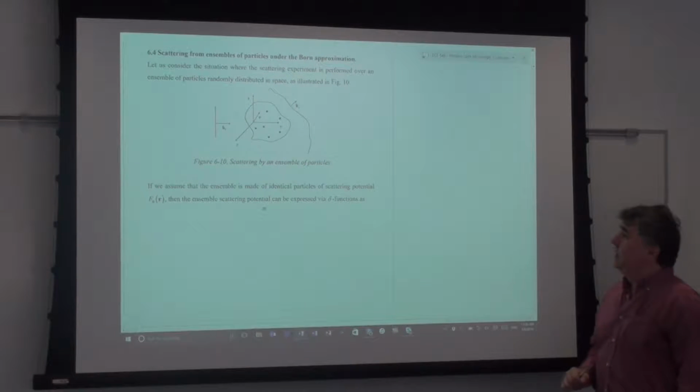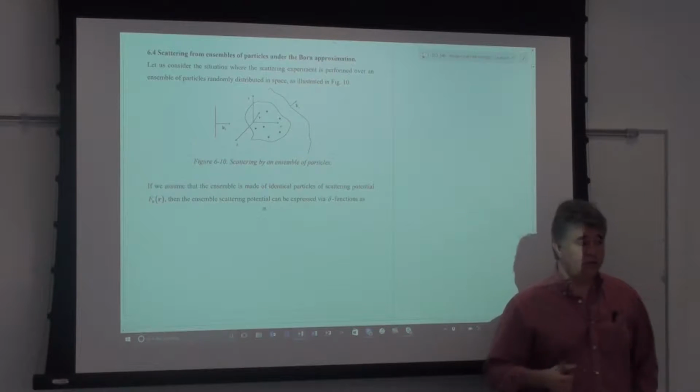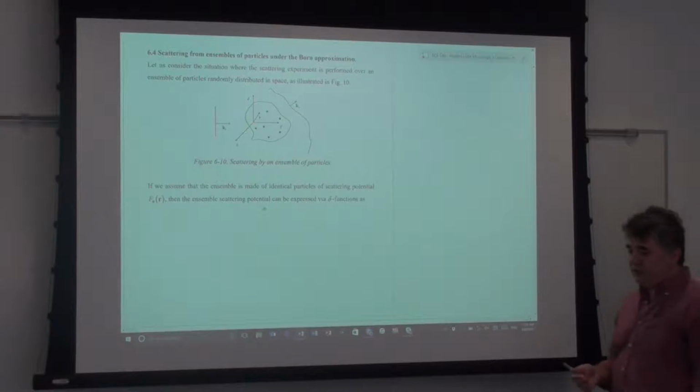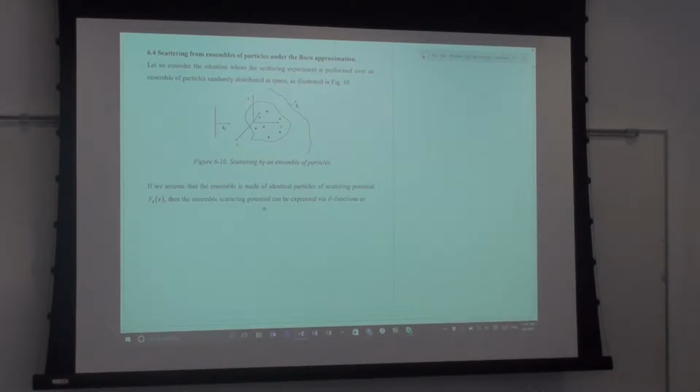So, I think we learned a lot on how to deal with problems of single particles under the Born approximation. And again, we saw how the Born approximation, the weakly scattering approximation, allows us to get very nice analytic solutions to the scattering problem.